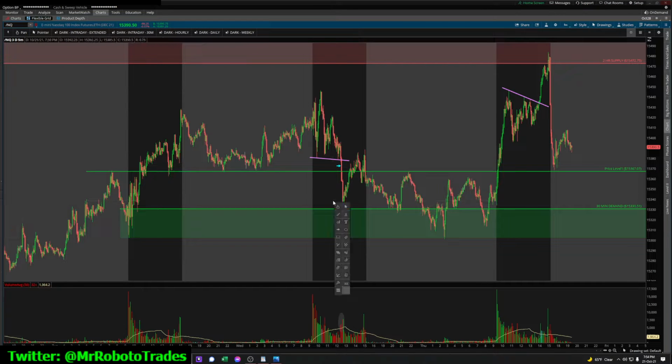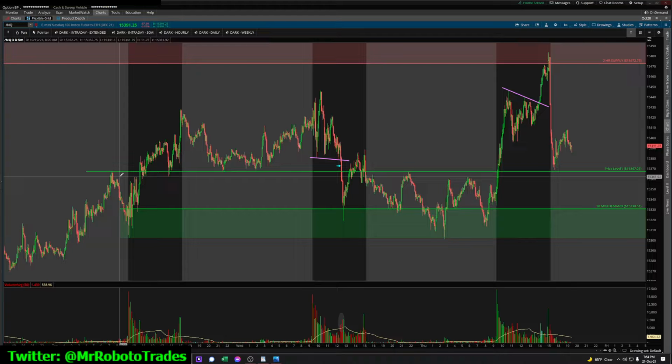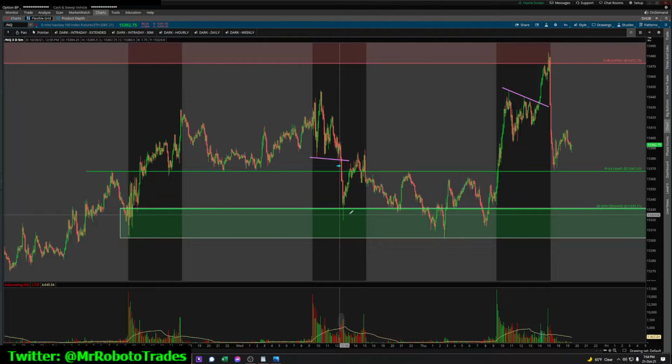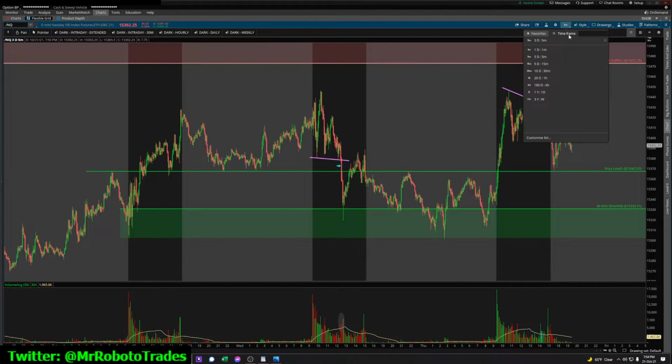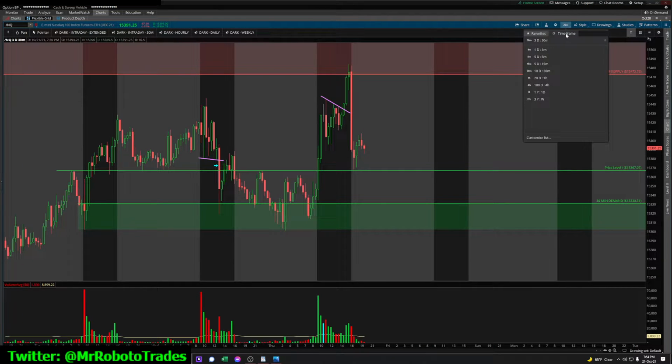For example, if the nearest demand zone was right here, and I break down, there's not a lot of reward for me. I'm taking on this risk, and there's not that much reward. But as you can see here, the reward was actually pretty nice. That's why I got confident in taking the puts to the downside on QQQ on Wednesday.